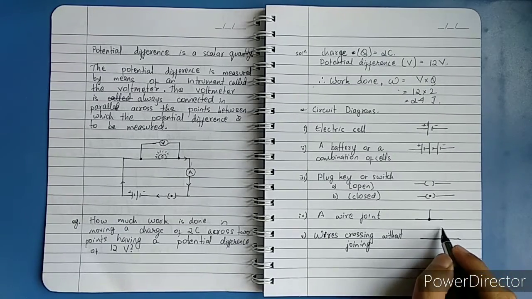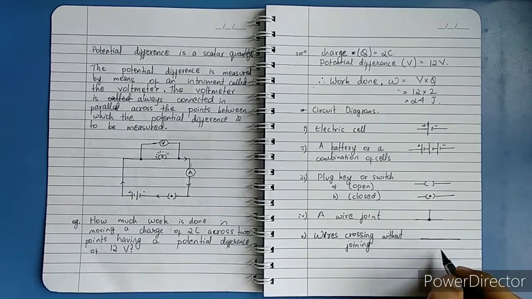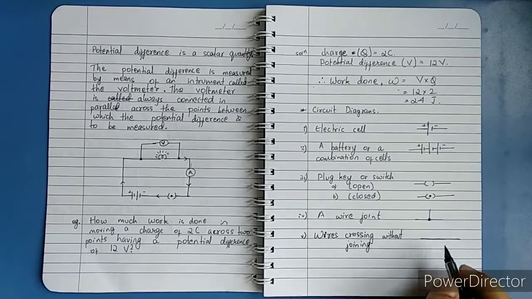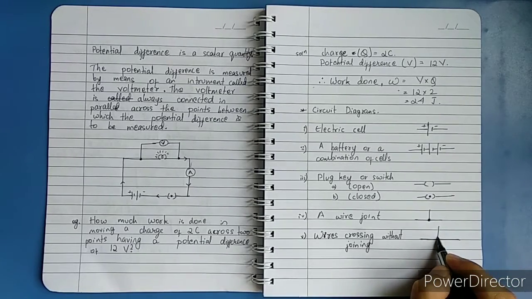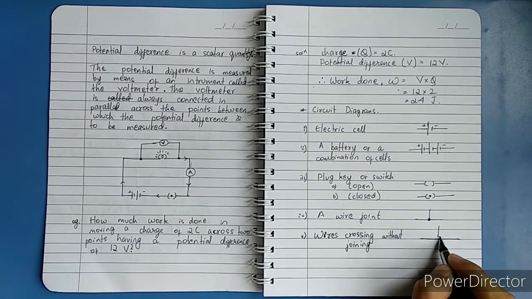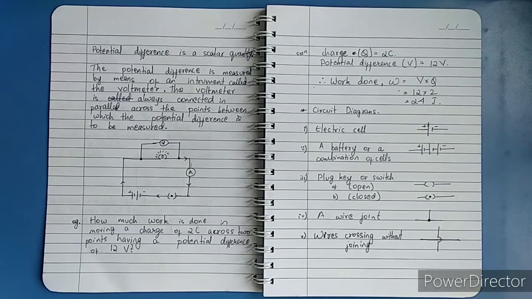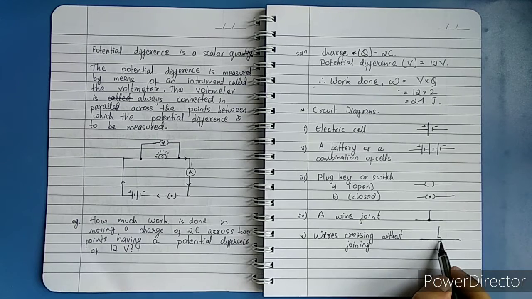We cannot show this in a diagram by just directly drawing a straight line, because there would be no difference between a wire joint and this one. That is why, as we come near it, we show that this is going from the top and going straight there. So this denotes wires that are crossing but not joining.